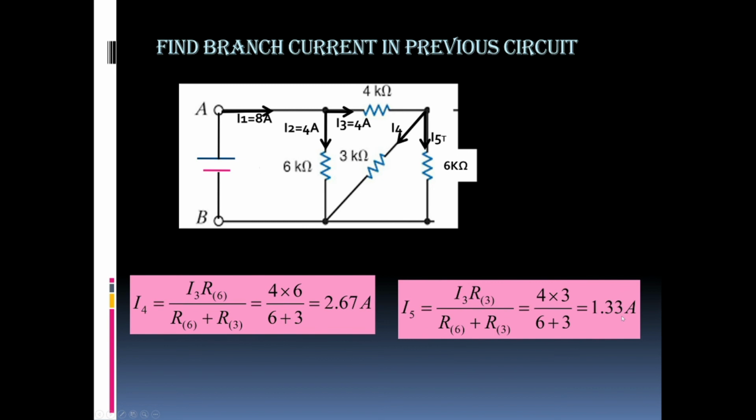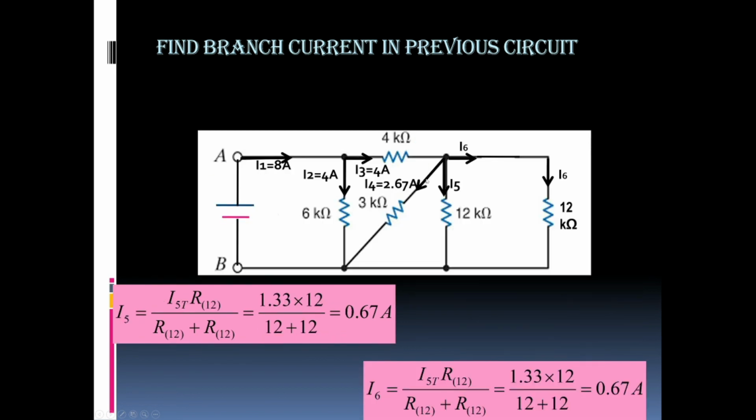Now we go to the next previous circuit. That was the circuit. Here again, I1, I2, I3 we know, and then here it gets split into I4, I5 and I6. Again you need to find the value of I6.